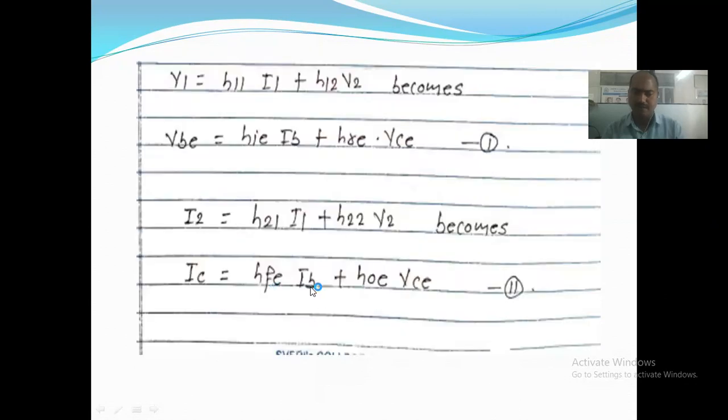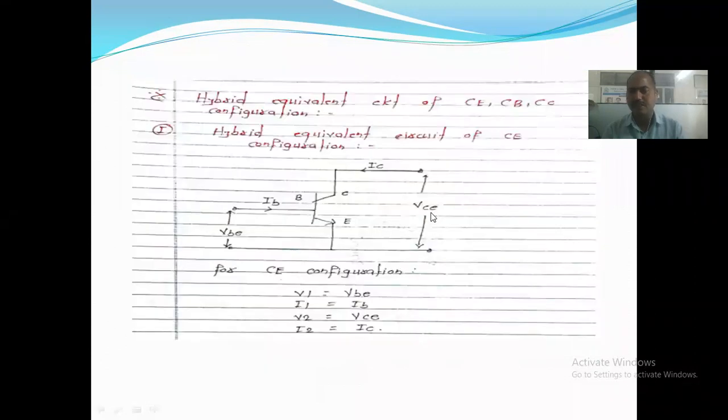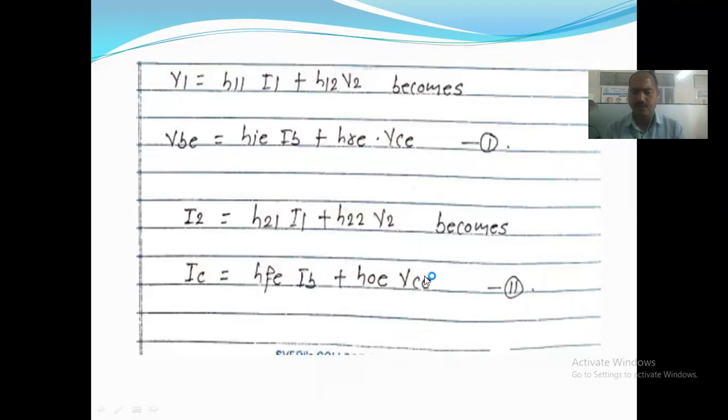HFE into IB plus H22. H22 is the ratio of I upon V, which is nothing but admittance, so we write it as HO, and for the common emitter, HOE. V2 indicates the secondary voltage, which is VC, so we put VC here. Okay, these are the two equations.